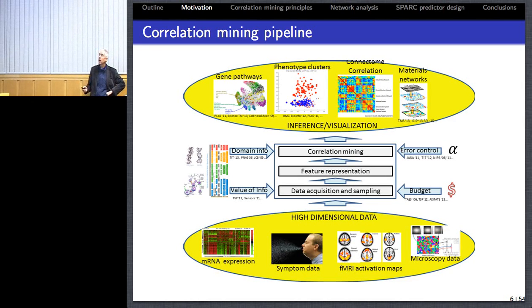So you take this data, you sample it with some budget. This is going to come in the future in the Spark example. You have a budget. You can't purchase an arbitrary number of samples. They're very expensive. So there's a budget that determines what you sample, where you sample, and how you sample.